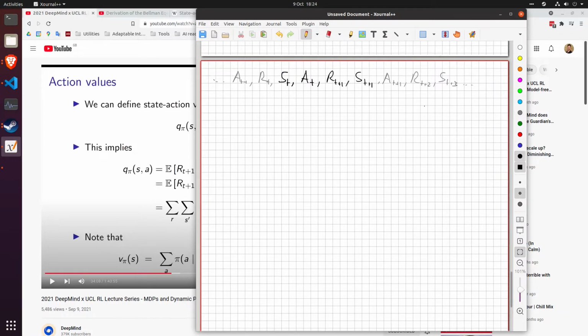So these states are all elements of the set of all possible states. The actions are all elements of the set of all possible actions, and the rewards, let's just say here the reward can be any real number.